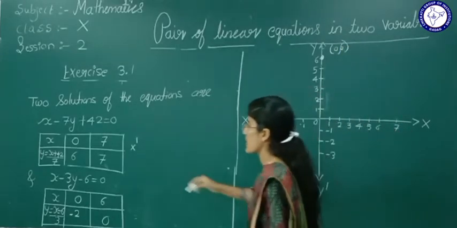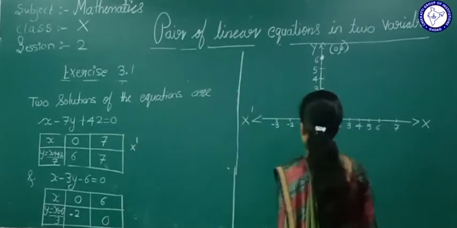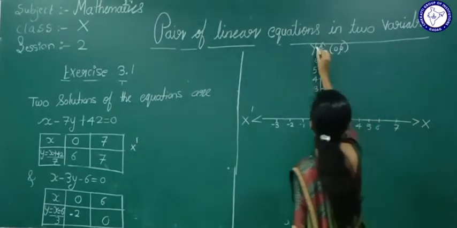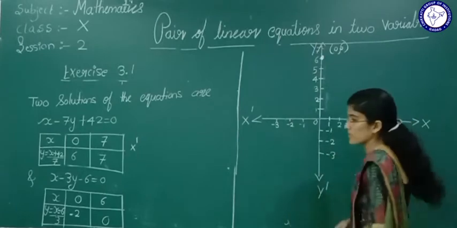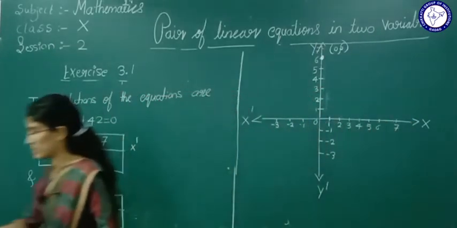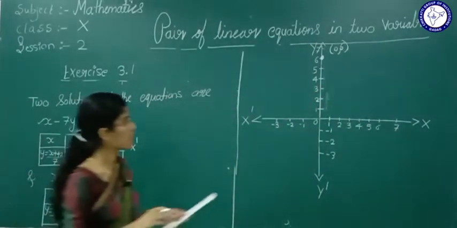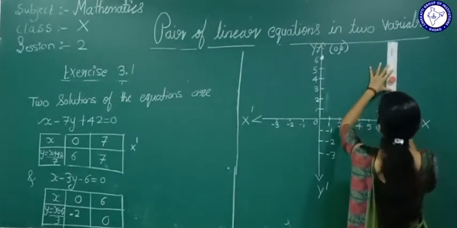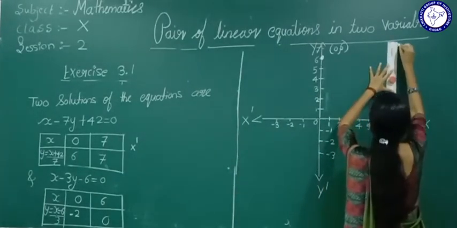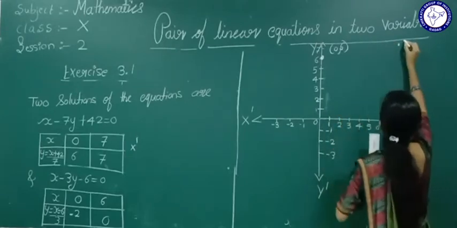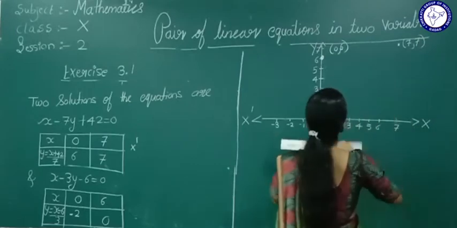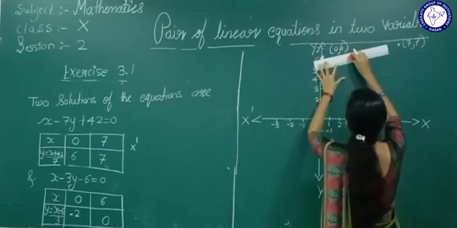When x value is 7, y is 7, so the point is (7, 7). Now we'll draw a line.